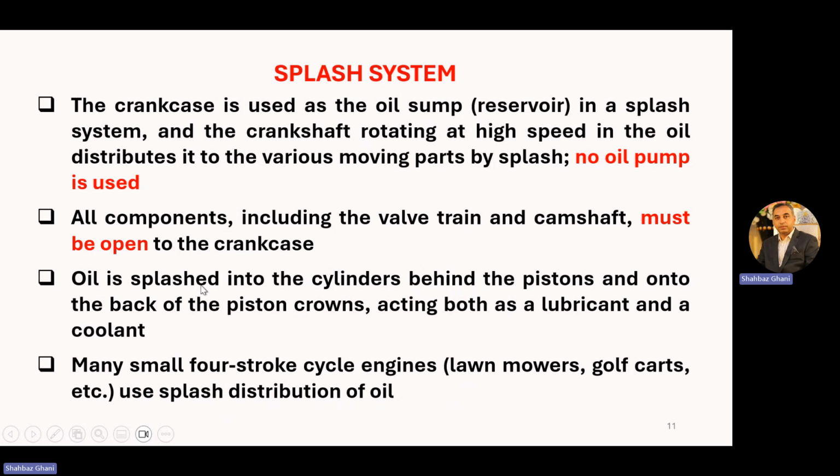So due to this splashing arrangement by the crankshaft, it is splashed behind the piston and onto the back of the piston crown, acting both as a lubricant and as a coolant. Many small four-stroke cycle engines, lawn mowers, golf carts, etc. use splash distribution of oil.